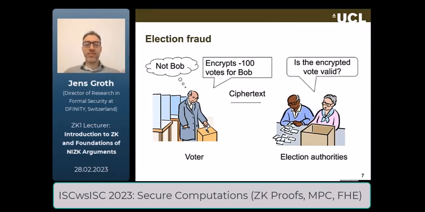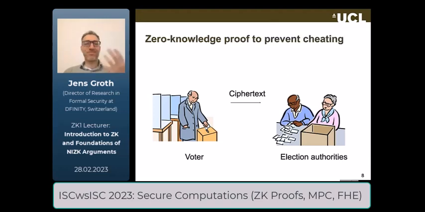Okay, so the election authorities may, of course, be quite skeptical about the ciphertexts that come in, and zero-knowledge proofs can be used in this context, right, to prevent cheating. So the voter can give a zero-knowledge proof that the encrypted vote is indeed valid, but without revealing what the vote is, right?